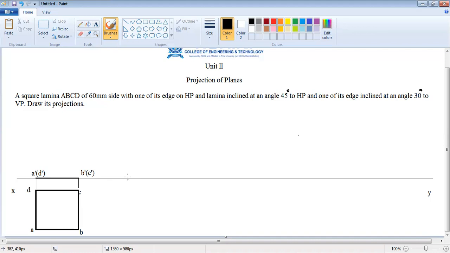First of all, using a protractor at any point, draw a line of 45 degrees.